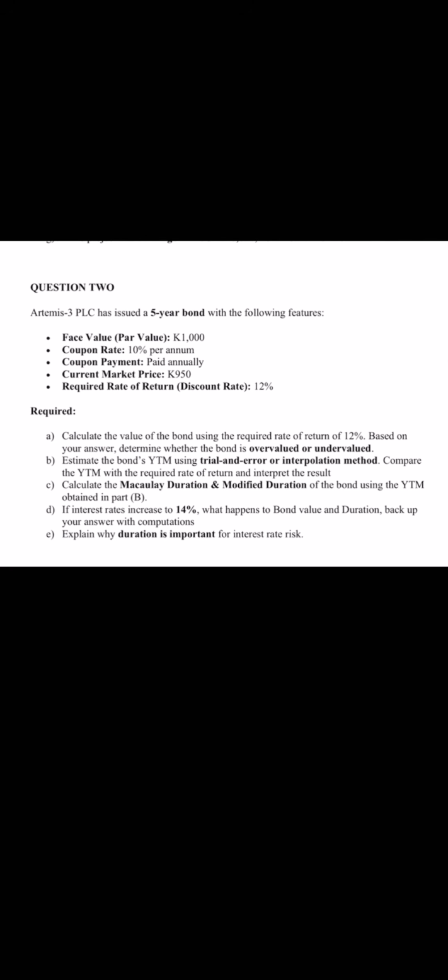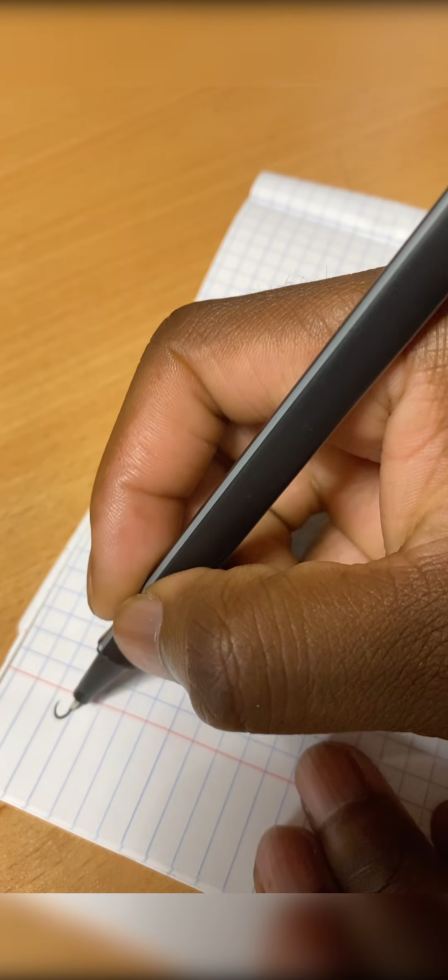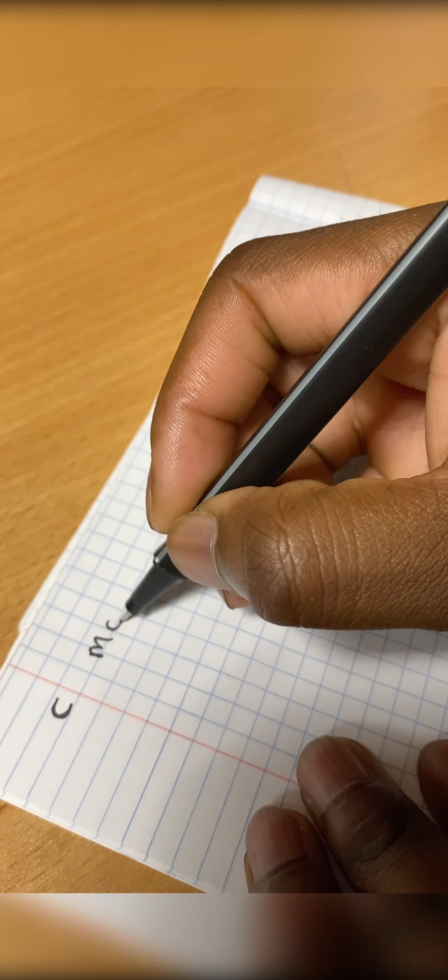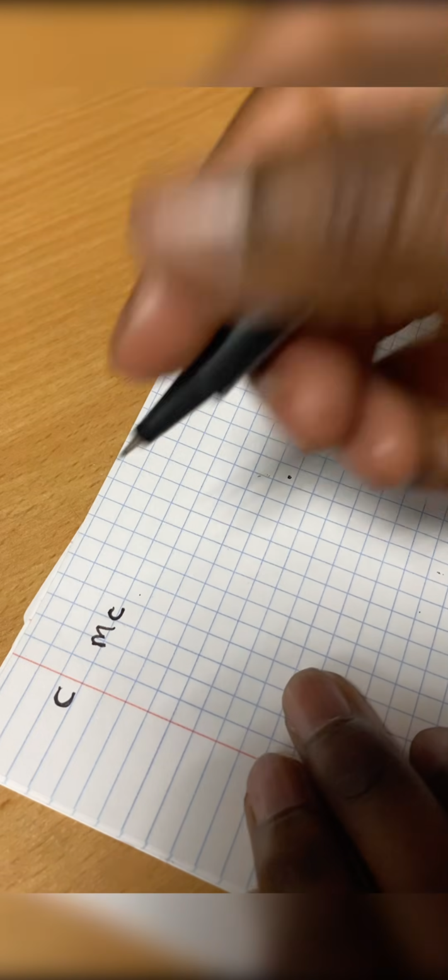The next question, they are asking us to calculate the maturity duration and the modified duration of the bond using the yield to maturity obtained in part B. So let's do that and see what we are going to get. So question C, they're asking us to find maturity duration, of which I can denote by MC.